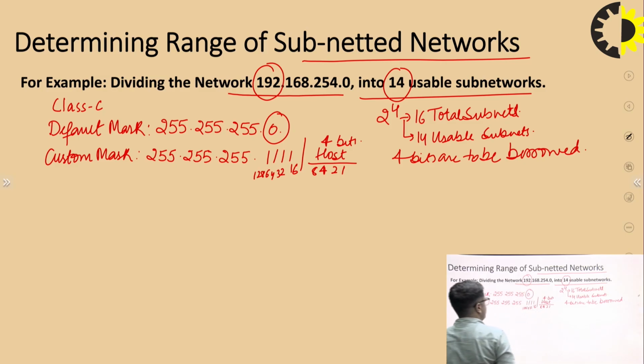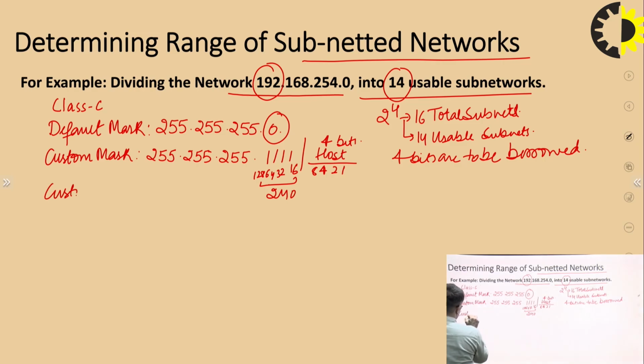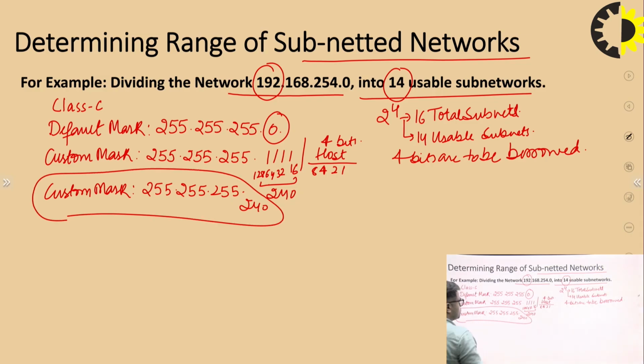So 128 plus 64 plus 32 plus 16 becomes 240. So the custom mask becomes 255.255.255.240. This is how we can create a custom mask from the given specification.